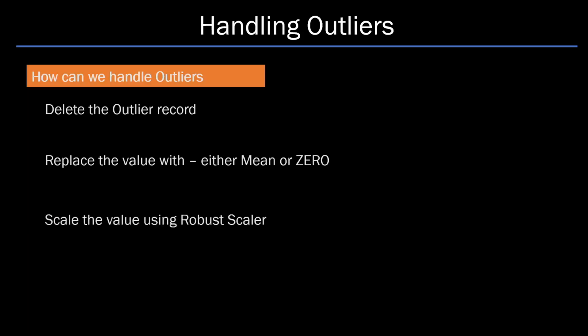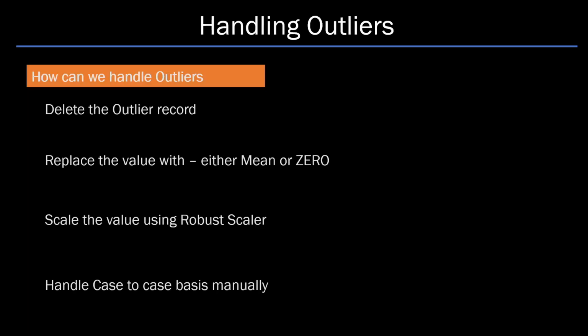Or you can use something called a robust scaler, which is there in scikit-learn, to scale our data, which will handle the outliers automatically. Another option is to manually handle the outliers case by case, taking the business's help, because business people will have a better understanding of whether this is an outlier, whether we should handle it or we can keep it. These are the 4 ways of handling an outlier.